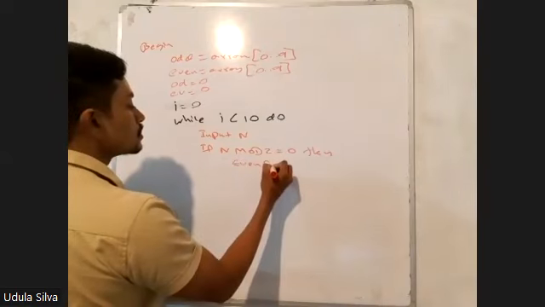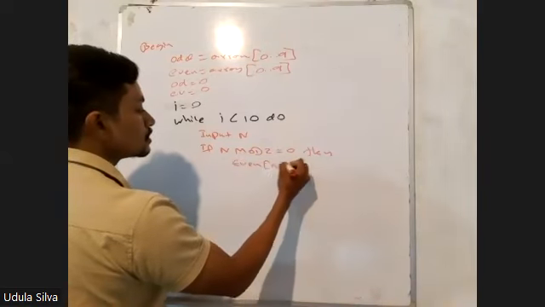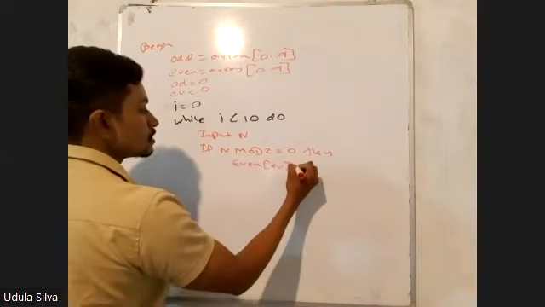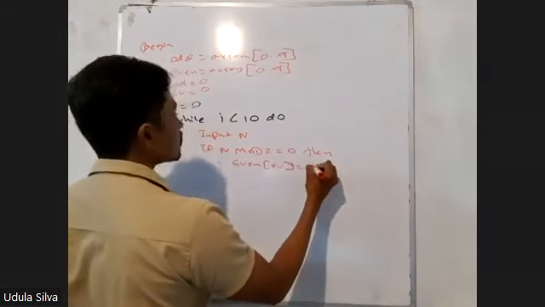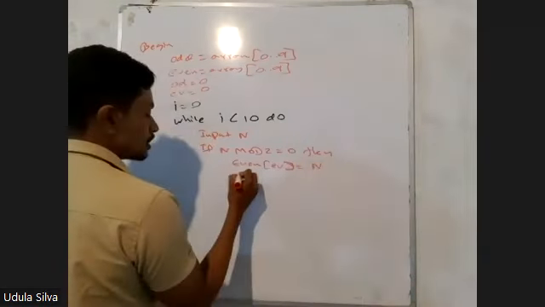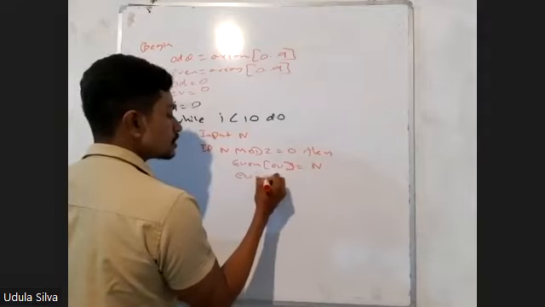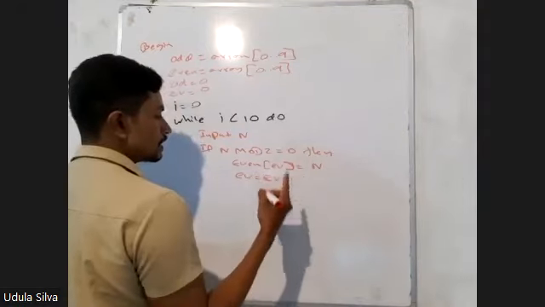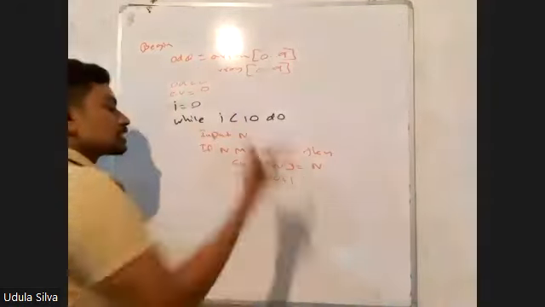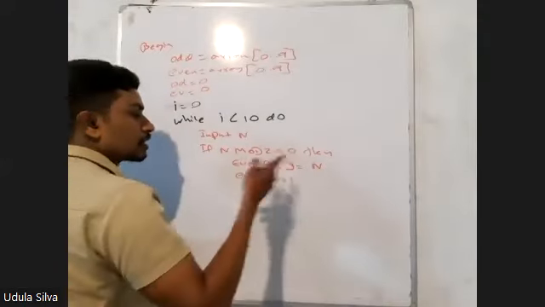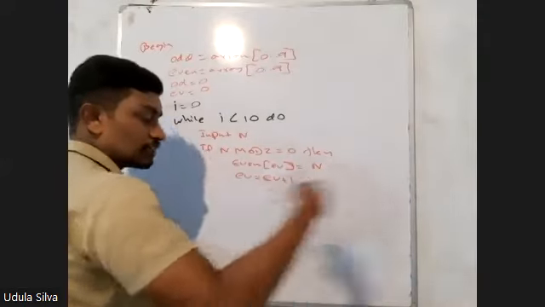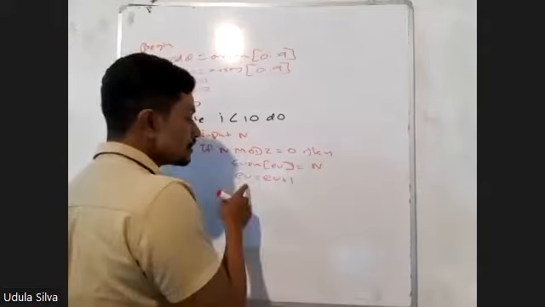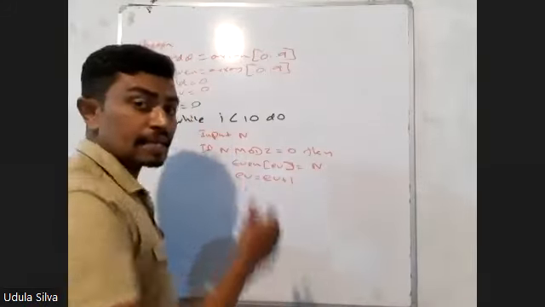Even EV equals n. Then EV equals EV plus 1. Right? EV should increase by 1 because when you are going through the array called even, you are using the variable EV. So add one to EV.